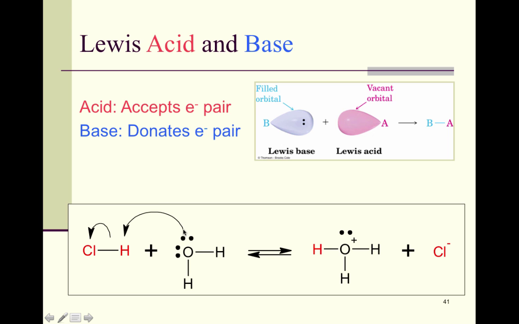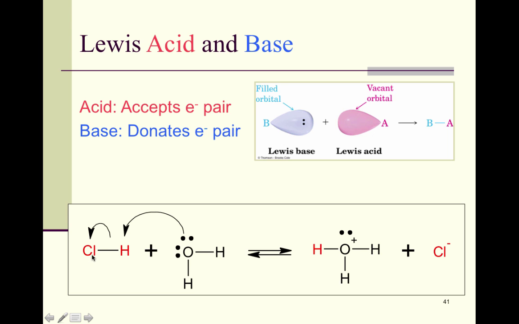So, we have some arrows here. Let's see what's happening. When you have arrows, you always look at the tail end to see where it's starting. We have a pair of electrons that are going to be transferred over to the hydrogen specifically. And then we have my HCl. I know it's written kind of backwards.